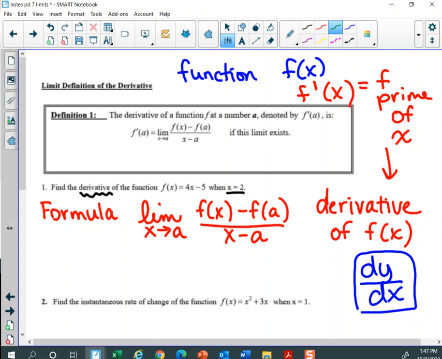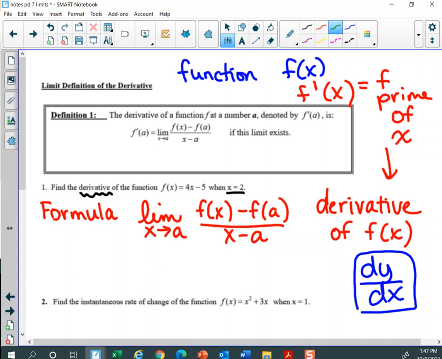Now, just like any formula, in order to use a formula, you have to know where to get the stuff to plug into it. So when you're looking at that, you're like, okay, what do you mean, like f of x, f of a? Where are we getting those things? So that's the first thing we have to talk about.